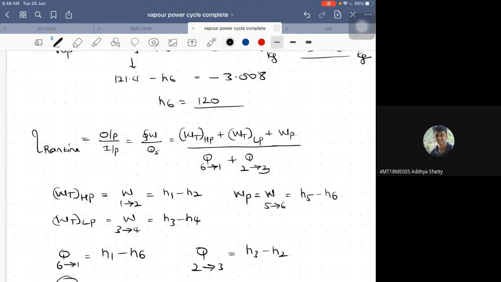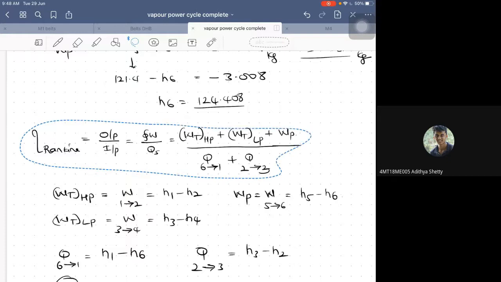Now calculate all these efficiencies and all this work done, since you have calculated the values of H1 to H6.